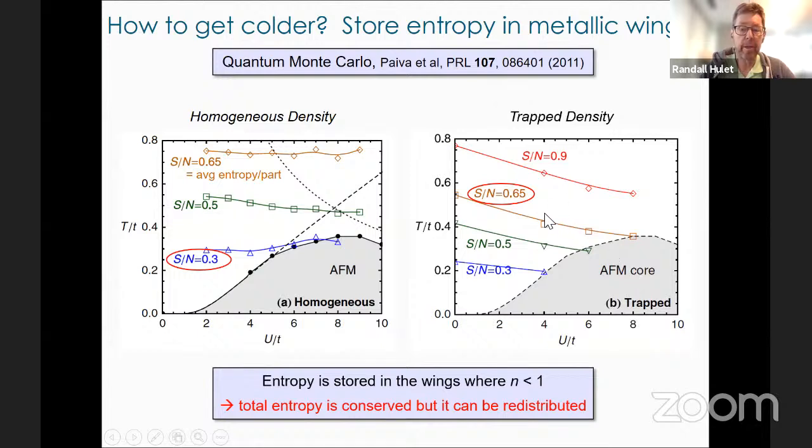So this is an entropy of about 0.65. And it turns out that our experiment is about on that line, about 0.65 or maybe a tad less than that, because we can start to see something at U over T of somewhere around 6.